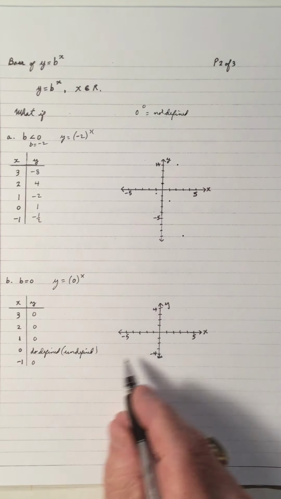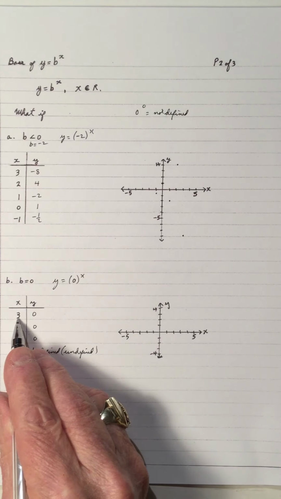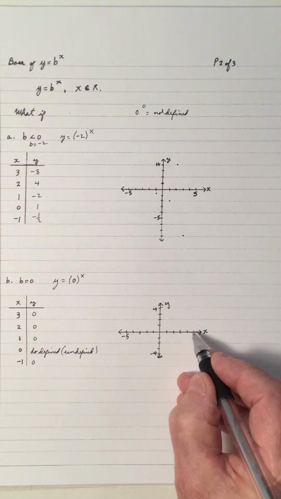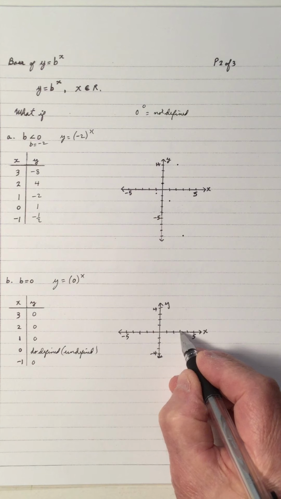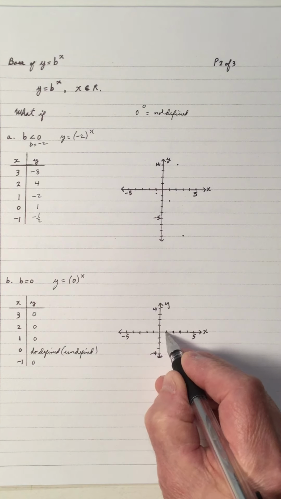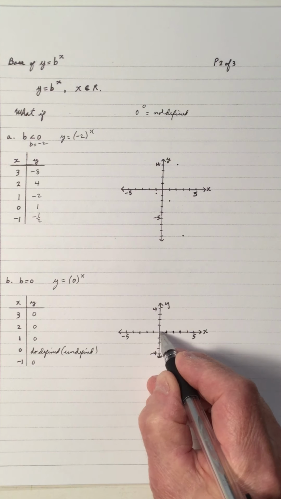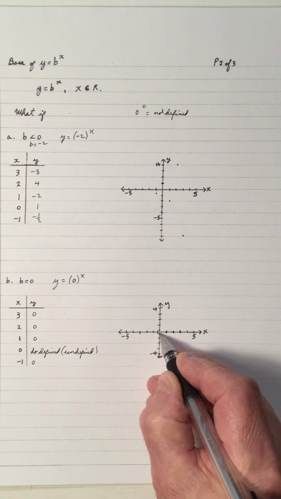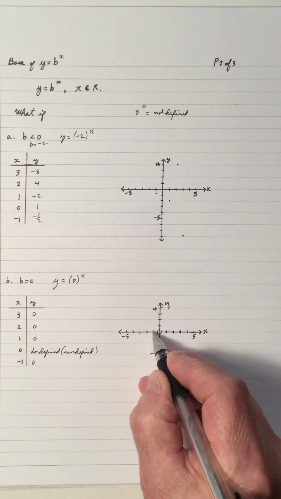So what happens is that when x is 3, y is 0. When x is 2, y is 0. When x is 1, y is 0. When x is 0, it's not defined, so it's a hollow dot there. And when x is negative 1, y is 0.